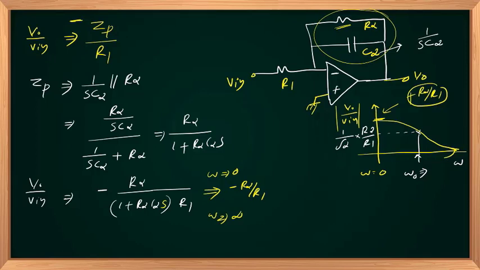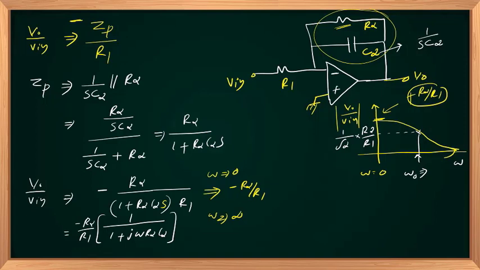To identify that, we take R2 by R1 as a term, then 1 over 1 plus R2 C2 S; expressing it in omega, 1 plus j omega R2 C2, because S is nothing but j omega.